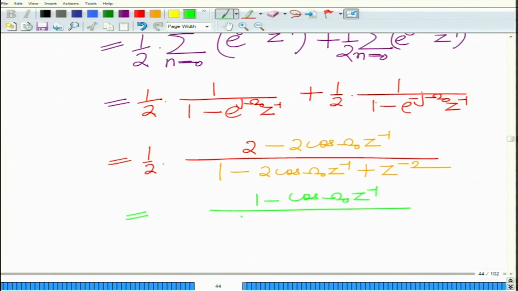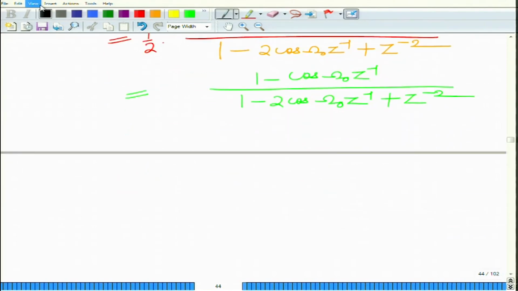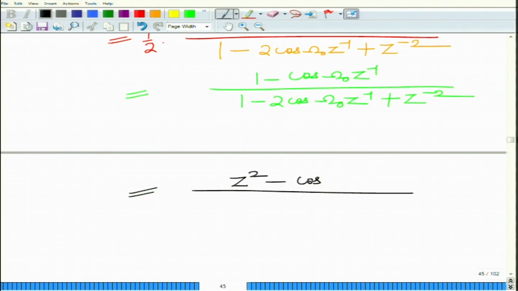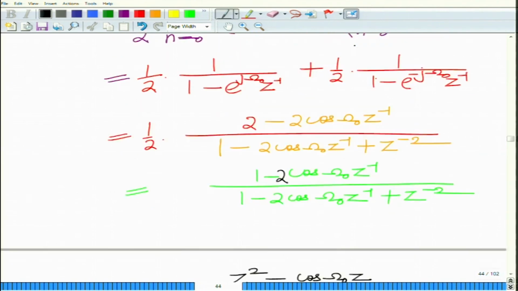And this is equal to, well, 1 minus cosine omega naught z inverse by 1 minus 2 cosine omega naught z inverse plus z to the power minus 2, which we simplify by multiplying the numerator and denominator by z square. So, that will give you z square minus cosine omega naught z, I am sorry, there is a factor of 2 over here, or there is no factor of 2.